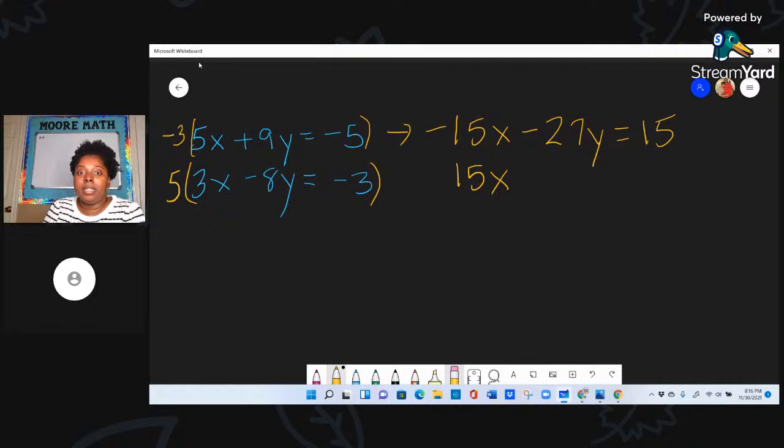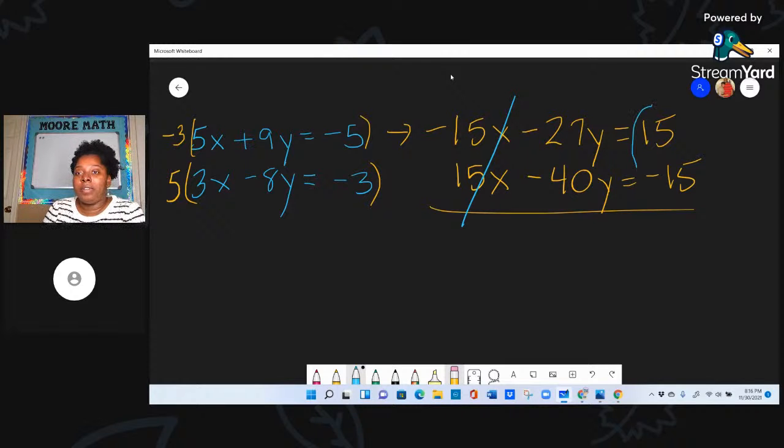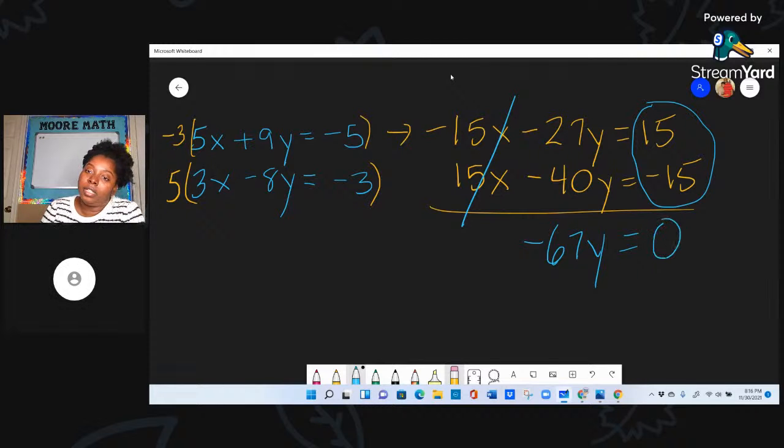And now we can see those x's do cancel out. And look what else cancels out. So this one was interesting. This cancels out, but also 15 minus 15 after the equal sign. 15 minus 15 is 0, right?